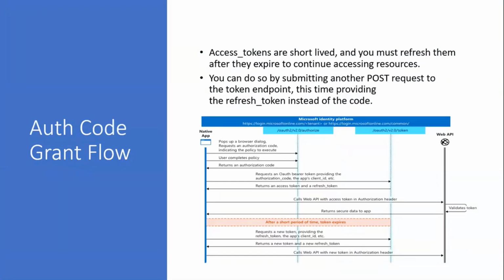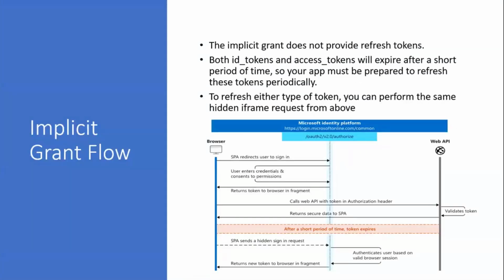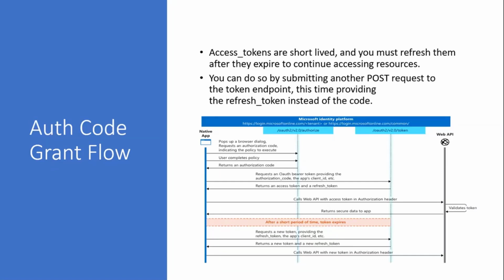So what we're moving towards now, and the rest of the industry, is the auth code grant flow. Let me go back one step. The way the implicit flow was designed, it does not have refresh tokens. Whenever your token expires, you actually have to make a fresh request through the browser. If you look at the auth code flow as it was designed, you get an access token and you get a refresh token at the same time.